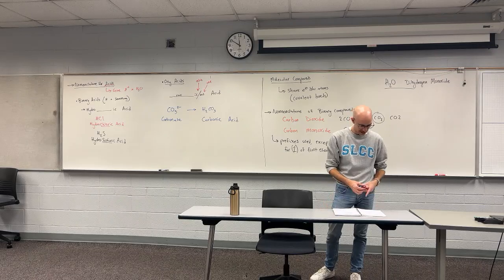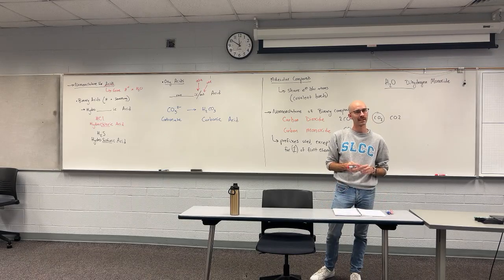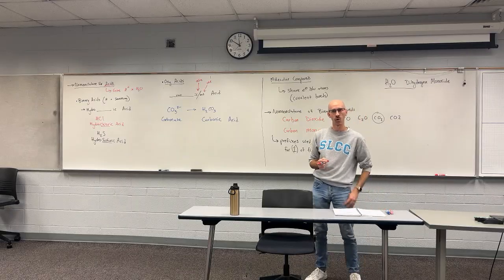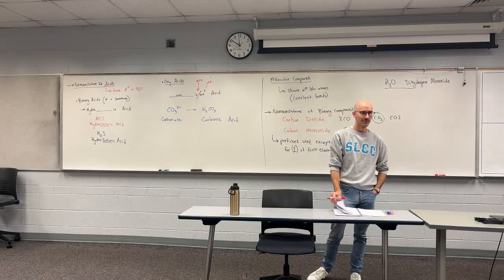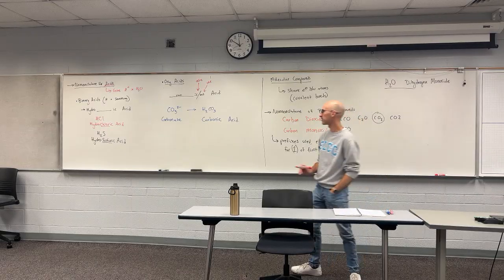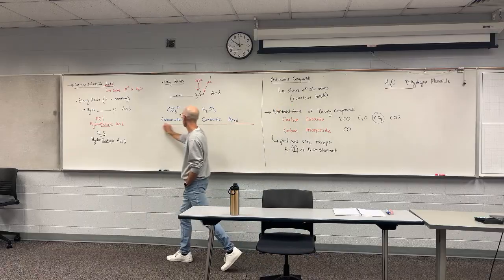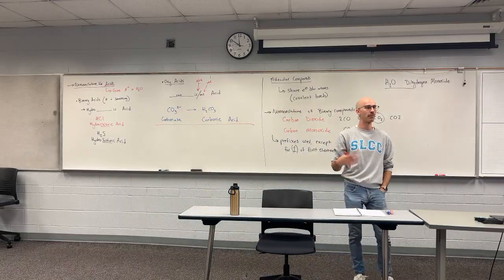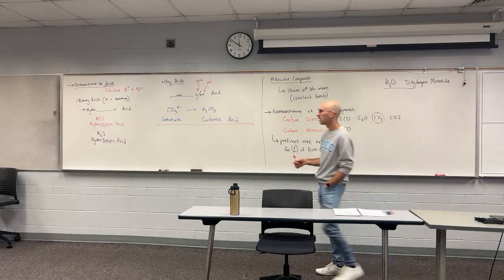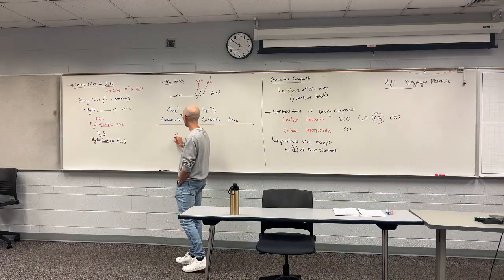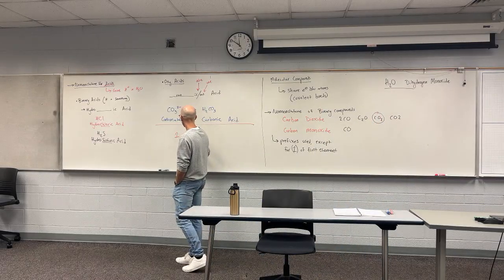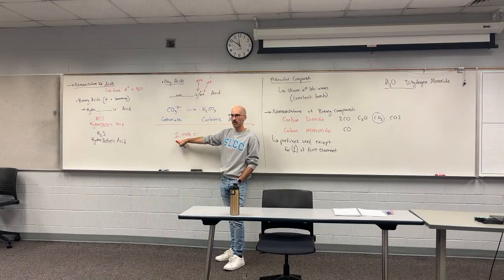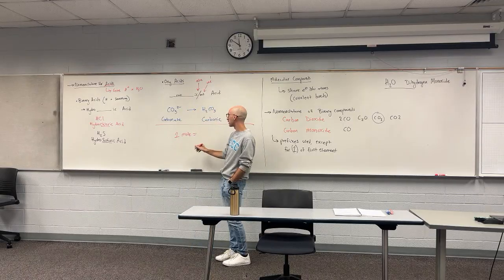Listen, I got really far. I had to push us. And the one thing I didn't get us to at the end of Module 4 is the mole. And so I just want to give you this overview quickly. In the same way that a dozen is a unit that represents 12 things, a mole is a way that chemists shorten a number by increasing a unit.